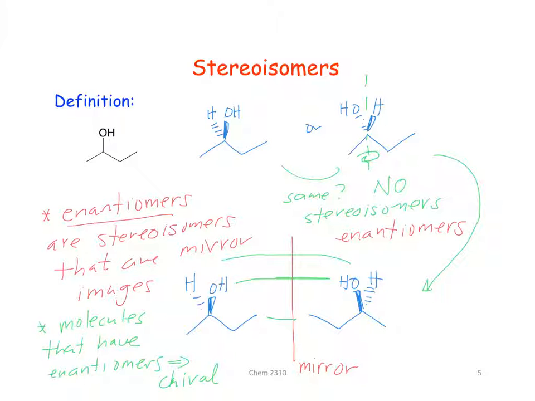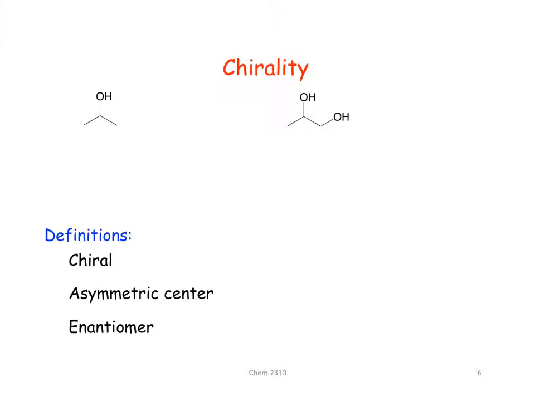So let's look at a couple more examples. Alright, so what about isopropanol, or 2-propanol? That's the one in the upper left. Is this going to be chiral or not? Alright, so let's consider whether it has some stereoisomers. If we draw it like this, we know that the OH can either go out or it can go back.